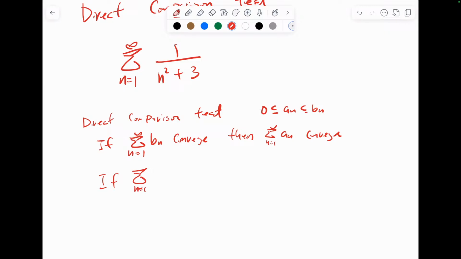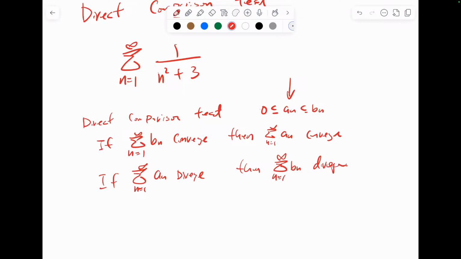Summation of n equal to 1 to infinity of a_n. Now a_n is the middle part here, right? If this diverges, then the summation of n equal to 1 to infinity of b_n is what? It diverges. Why?